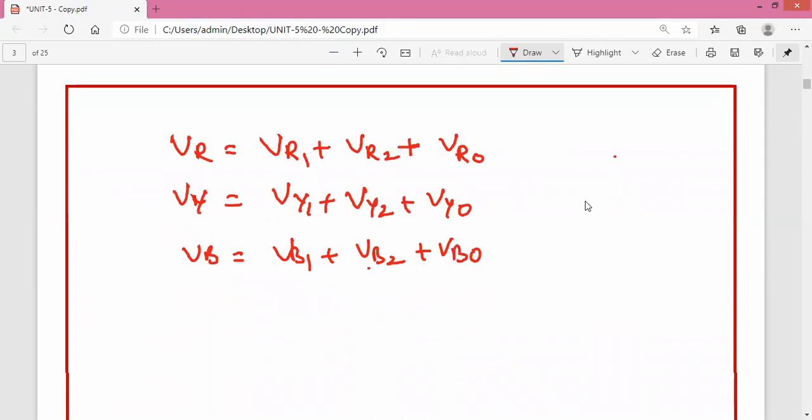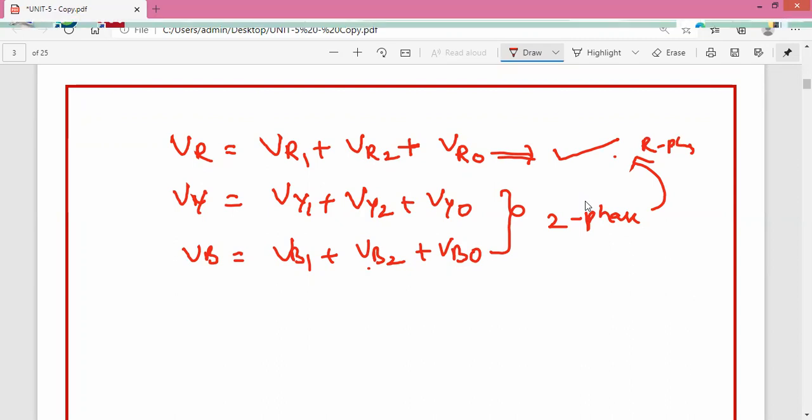Now, if you know the R phase balanced parameters, then you can represent the remaining two phases' balanced parameters with the help of these R phase parameters. Or if you know the Y phase balanced parameters, then you can represent the remaining two phases' balanced parameters with respect to the Y phase parameter.